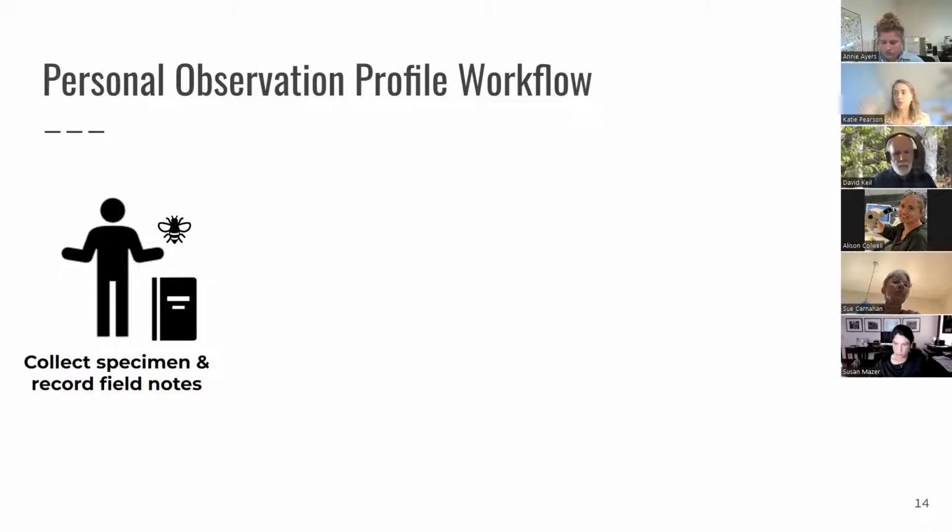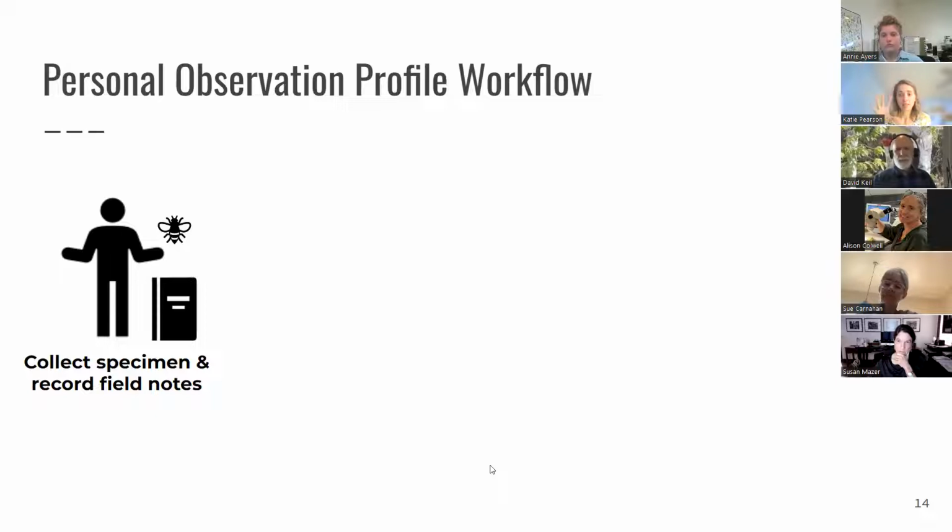They will go into the field and collect their specimens and then record their field notes. What has generally happened is they record the field notes, put the data in their own personal database, print out the labels, send it to the herbarium, and then the herbarium has to type out all those labels again into their own database. That just means that this data has been transcribed 2 times, which is a waste of time.